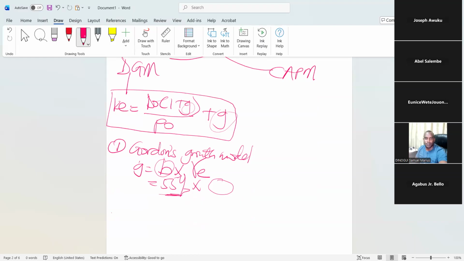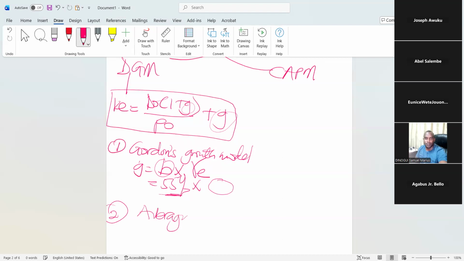But what if the examiner wants you to still calculate the g, the growth rate, and he doesn't give you the Gordon's growth model figures? You can't see the retention rate in the case study, in the question. Then you can use what you call the averaging method.